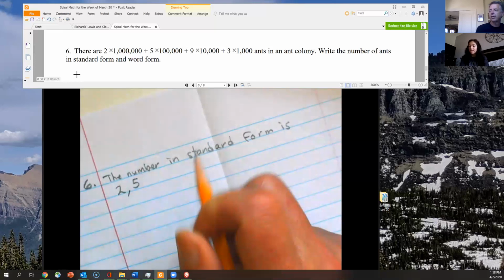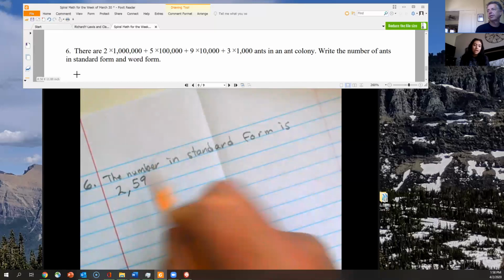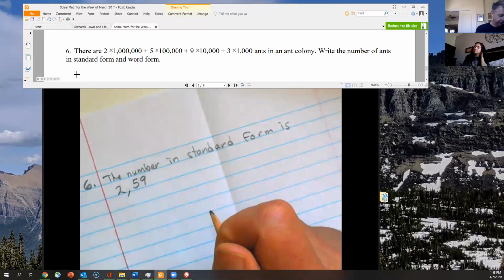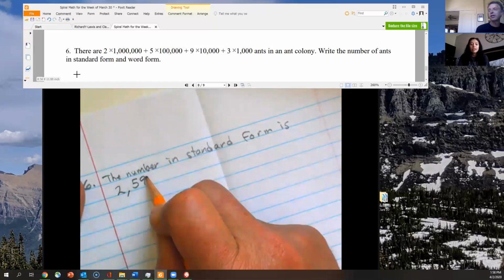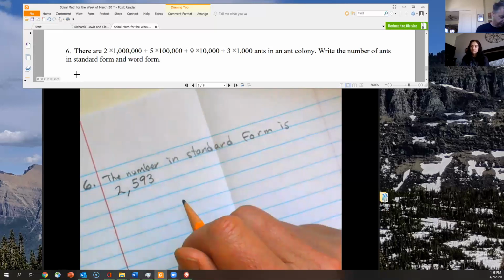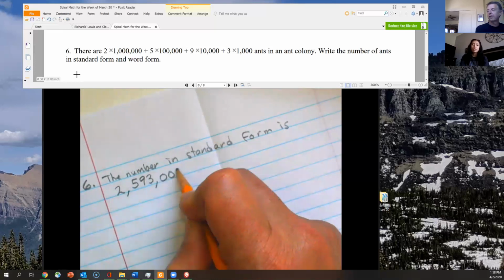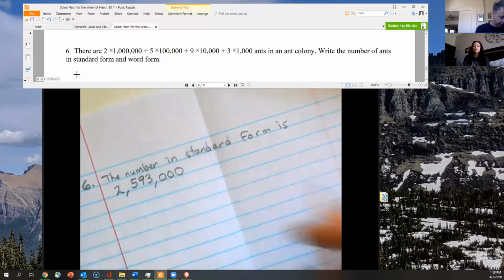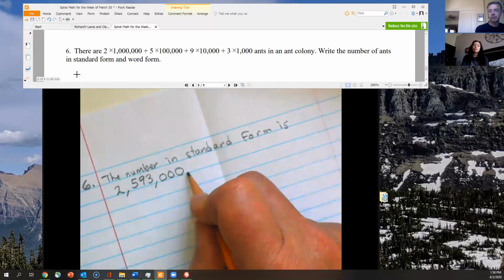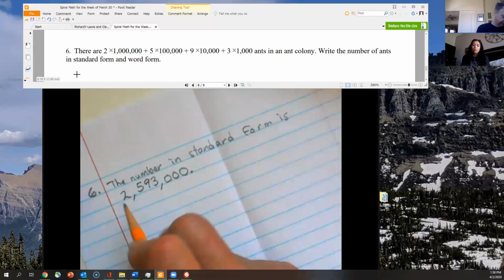And then I wrote my 9, which is my 10,000s place. And my 3, that's my thousands place. And since there's nothing after that, I put my comma, and then I put my 3 zeros because they didn't specify any numbers there. But to hold those place values to make the number correct, that's what I wrote for my standard form, 2,593,000.